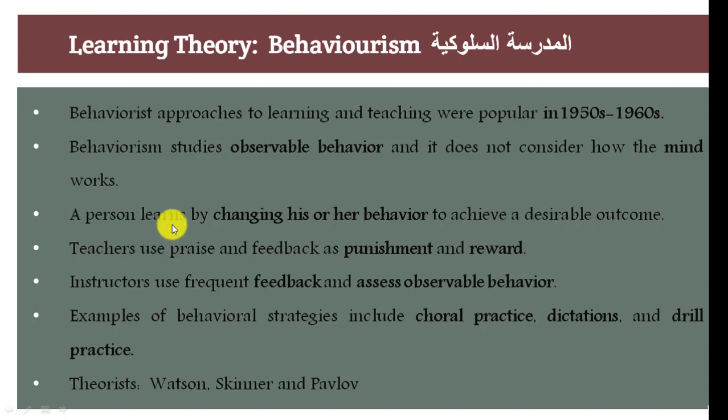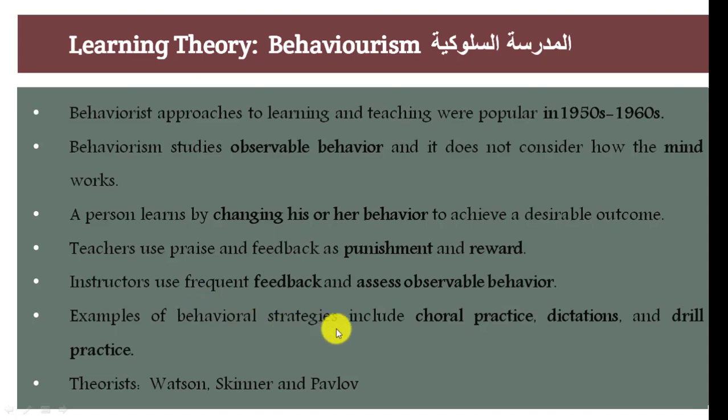A person learns by changing his or her behavior to achieve a desirable outcome. Teachers use praise and feedback as punishment and reward. Instructors use frequent feedback and assess observable behavior.